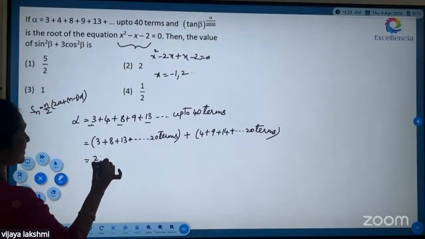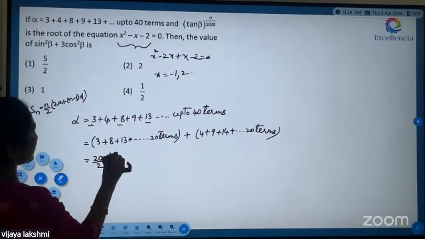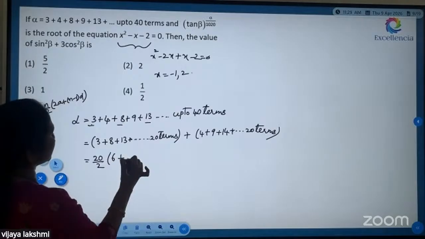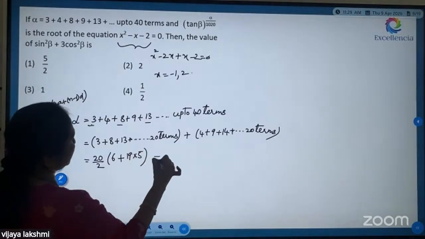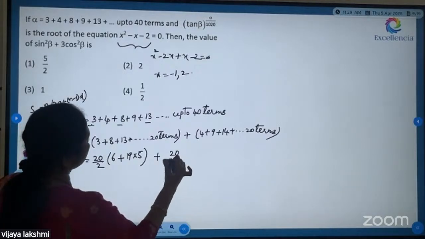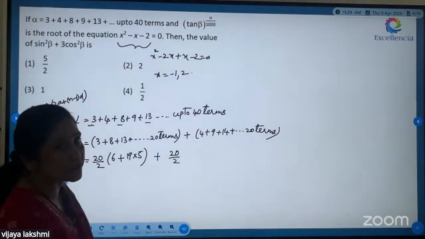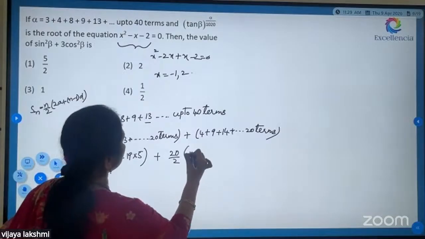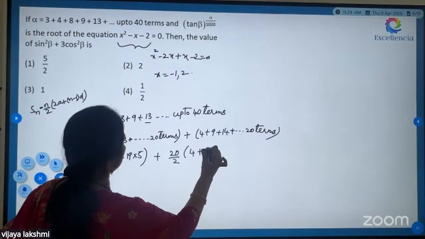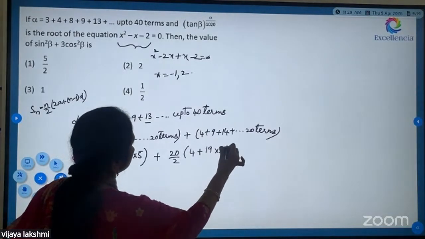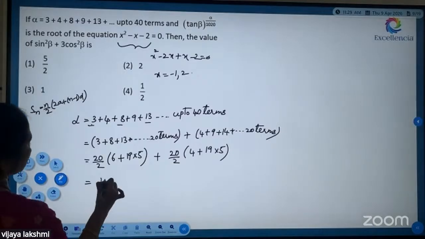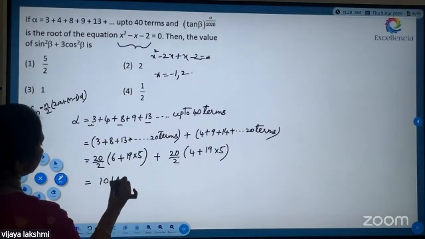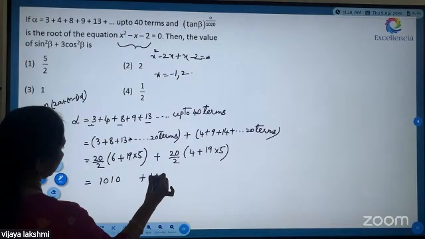Here you write 20 by 2, applying the formula, 6 plus n minus 1, 19, into d, the common difference, 5. Just by calculating this, you get the values.